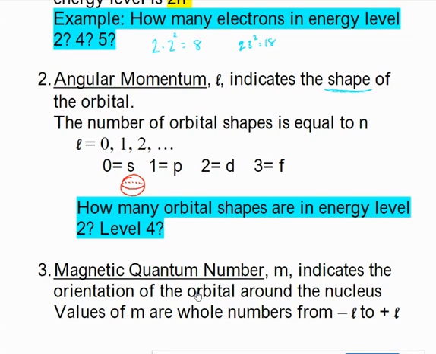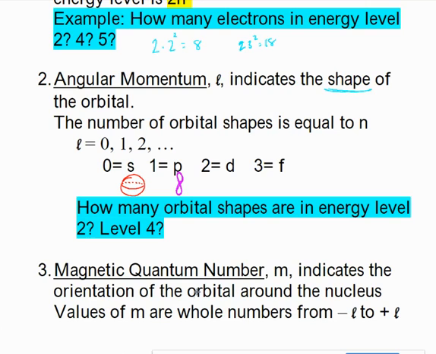The p orbitals are going to be 2 lobes, kind of looks like a figure 8, okay, like this. So this is a p orbital, and each energy level has 3 of them. We call them px, py, and pz. We'll get to that in a second, but they look like this.